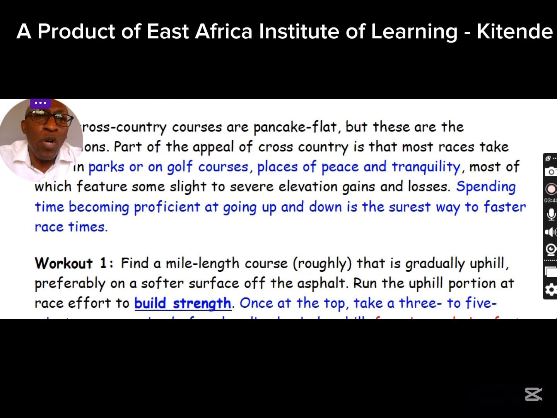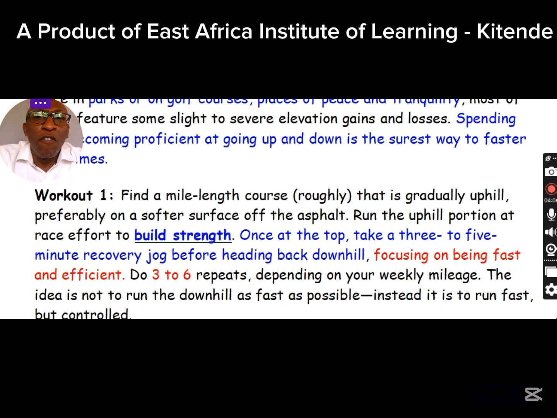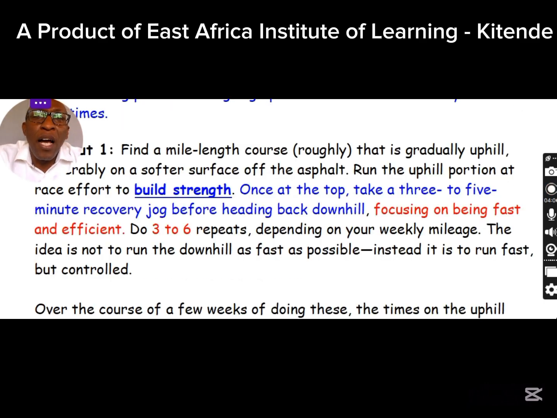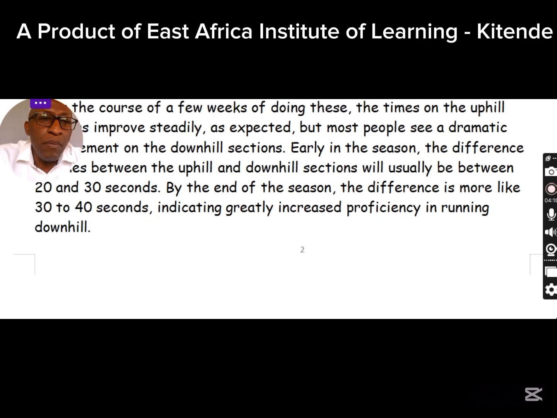We call that crushing hills. Build the strength. Once you run up the hill, take 2 to 5 minutes to recover as you jog around before running downhill. And as you run downhill, focus on being fast and efficient. Do these repeats about 3 to 6 times on a weekly basis.